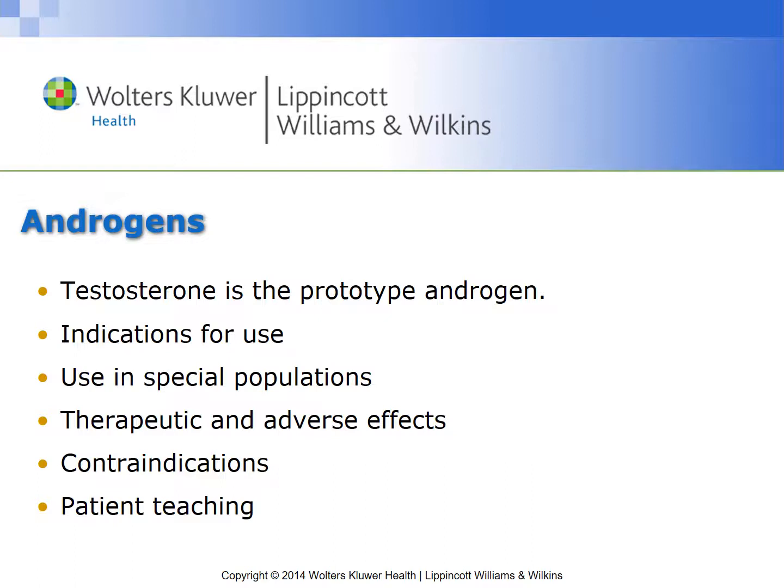So again, when given a hormone to an adolescent or to a child, we have to be sure that this doesn't affect their bone growth to the point of adversely affecting that child. So x-rays are going to be done to monitor that.